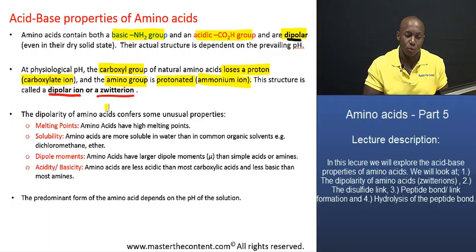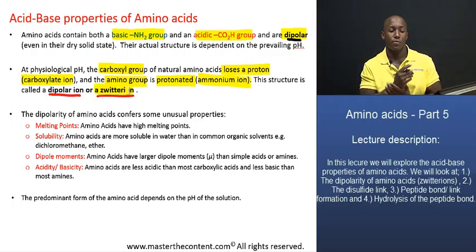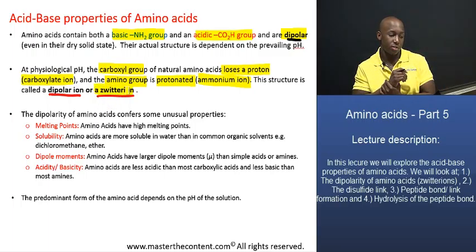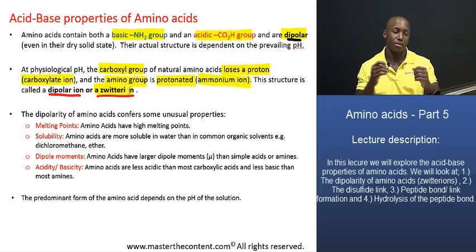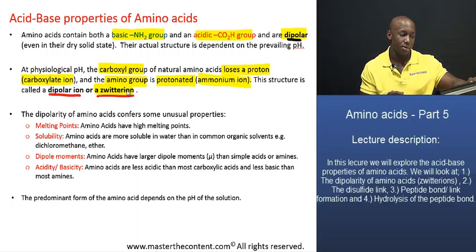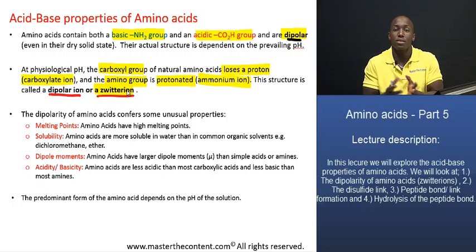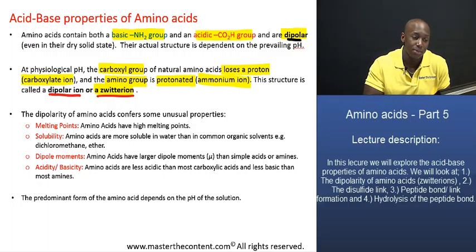That's actually from a German word. So that is what we refer to as a dipolar ion or a zwitterion. It has both the negative and the positive charges within the same molecule. So this appears to be an intramolecular acid-base reaction.